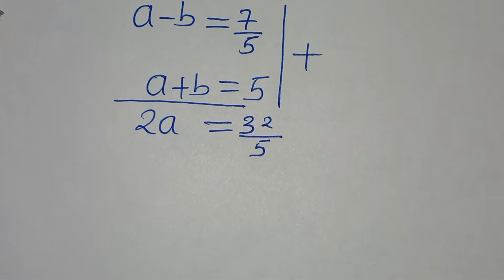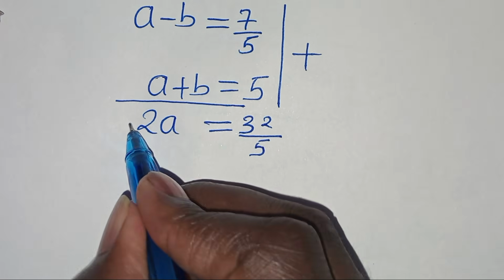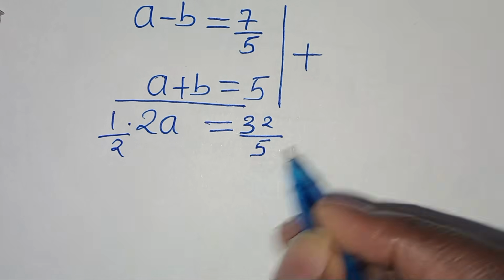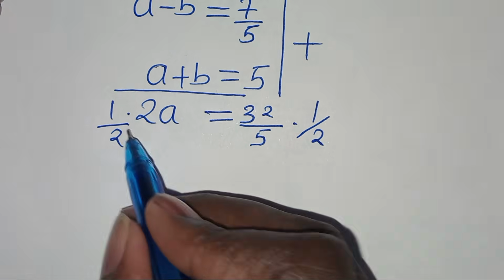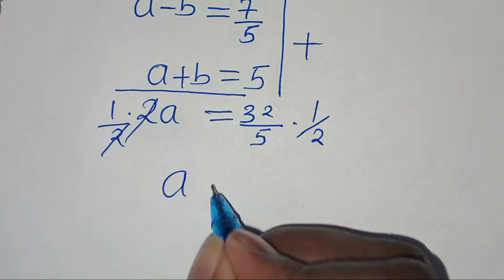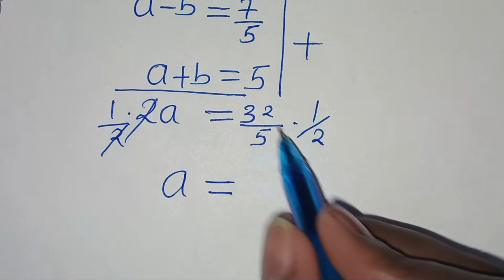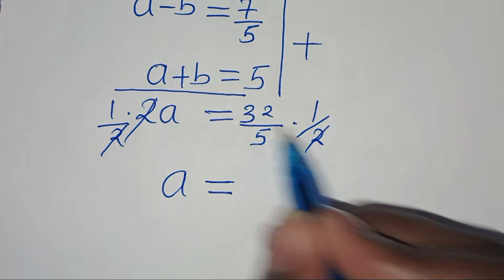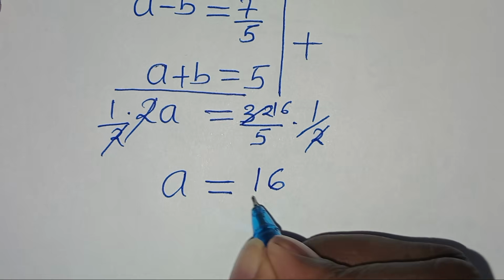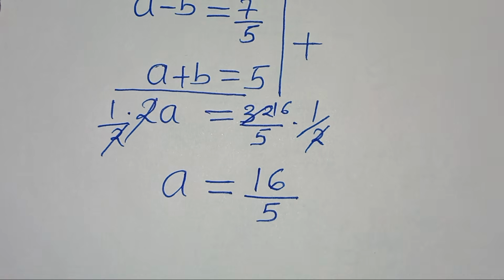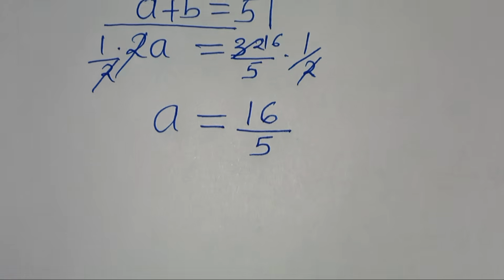Now, to solve for a, let's multiply both sides by a half. So a is equal to, simplifying, 32 divided by 2 is 16. So a is equal to 16 over 5. This is the value of a.